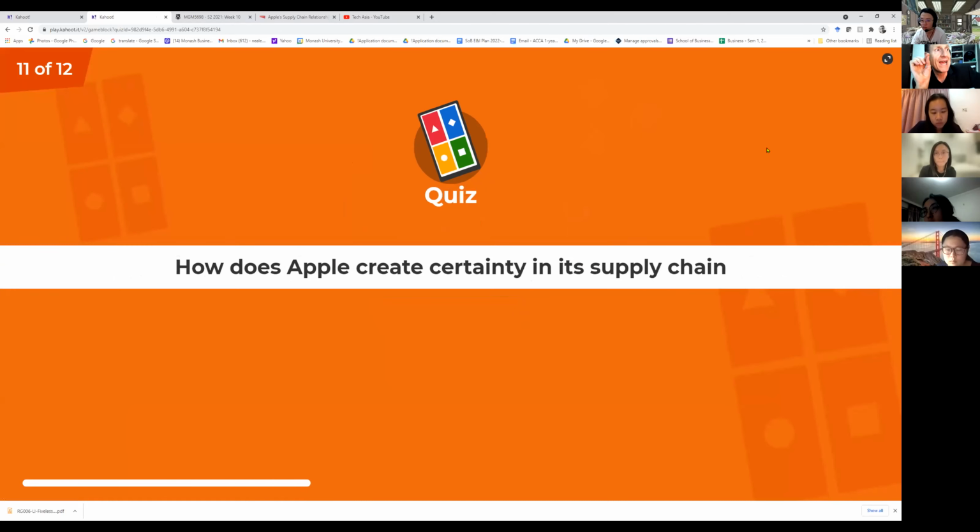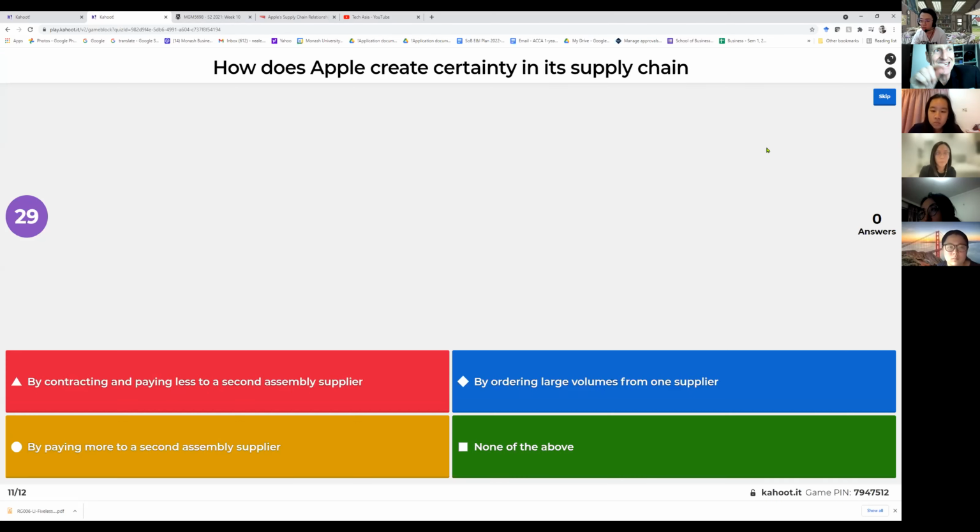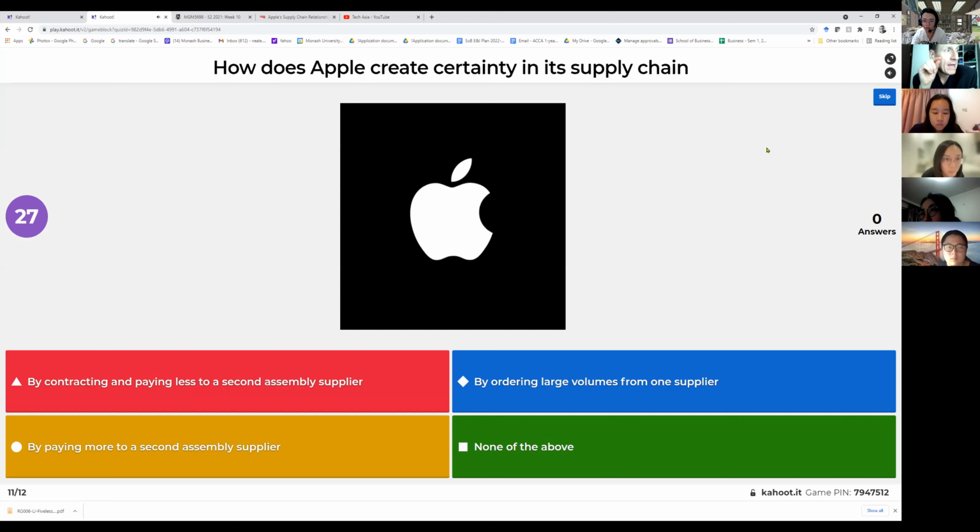11 out of 12. How does Apple create certainty in its supply chain? I think you know the answer to this one. Come on, Kahootans. Did they pay more to Pegatron or did they pay less to Pegatron?